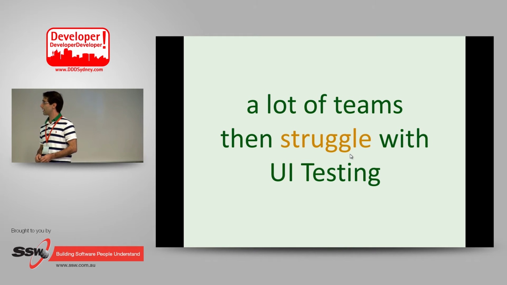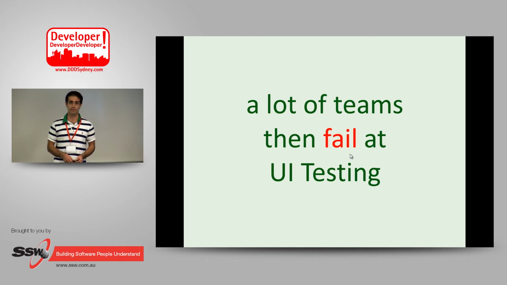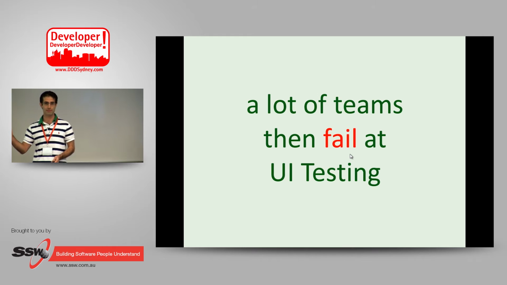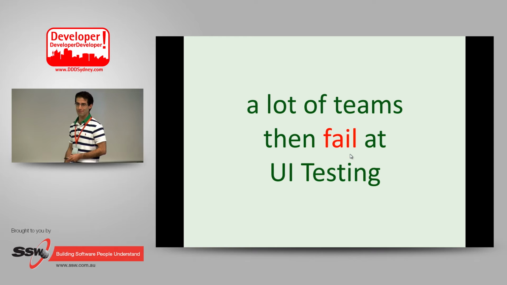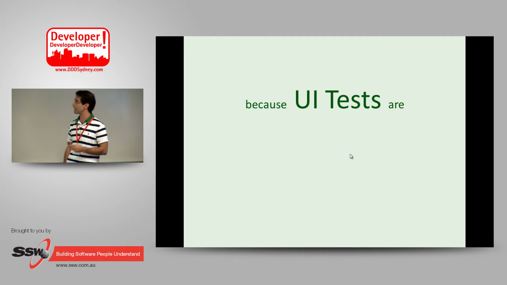After a while, you may actually fail at it and say, that's it, I'm fed up with this. I've spent like 3 hours a day for the past 2 months maintaining something that's not necessarily delivering the value that I expected. Anyone sharing that experience here? That's good. So we may have a few things to talk about here. This is basically my experience. That's exactly the same thing that's happened to me in the past. And the reality is that UI tests are hard to write.